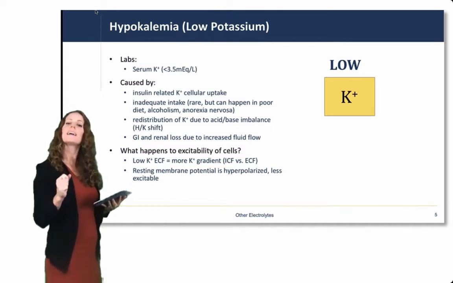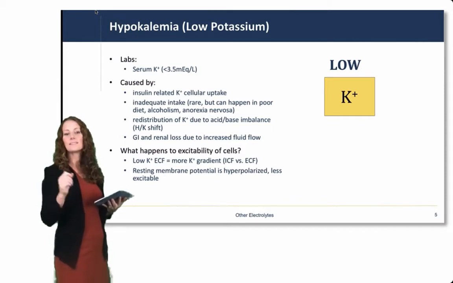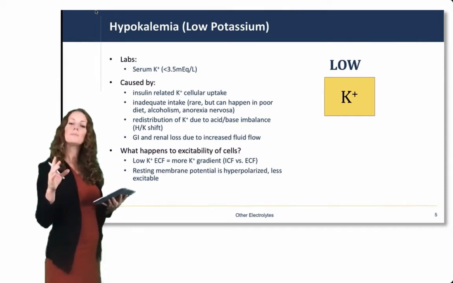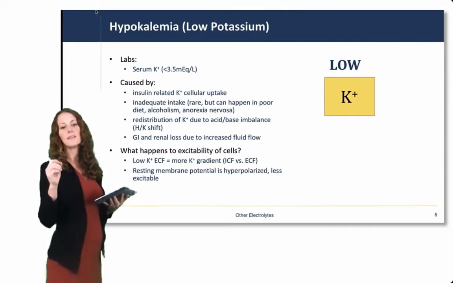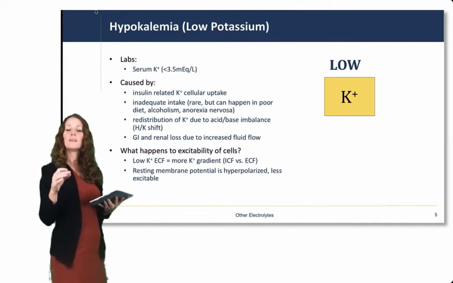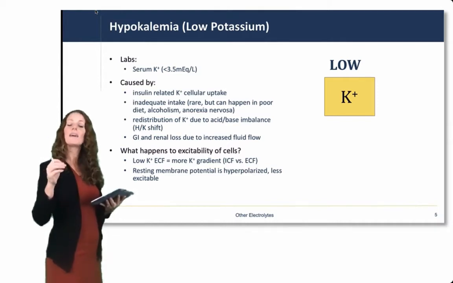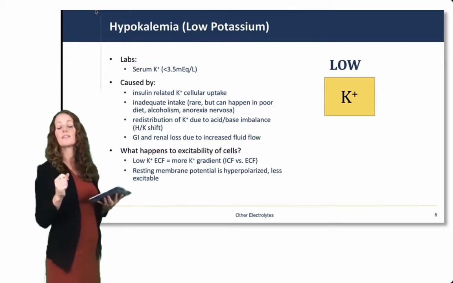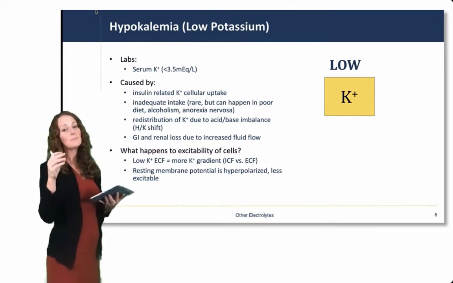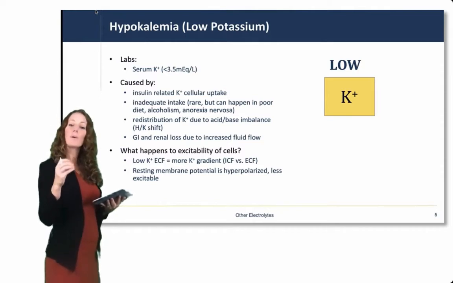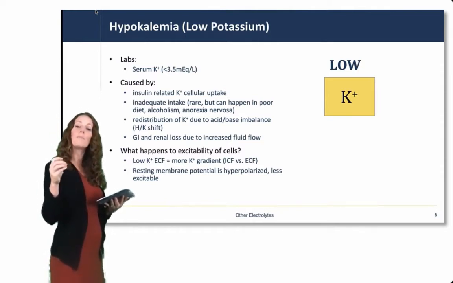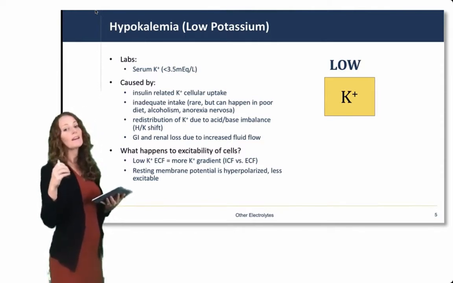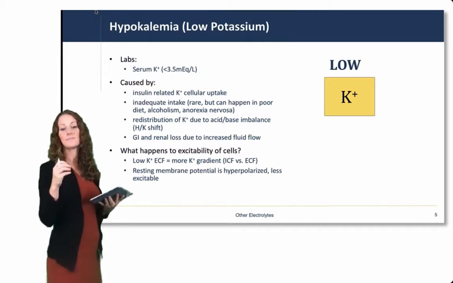What happens to the excitability of cells when you have low potassium? What happens when you have low potassium in the extracellular fluid is that you have a change in the potassium gradient between the intracellular and extracellular fluid. This potassium gradient is very important for setting the resting membrane potential or the electrical potential of cells.